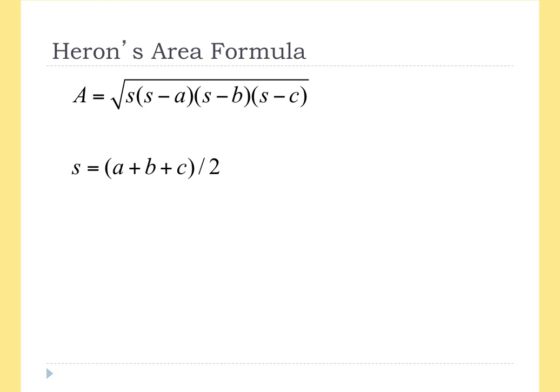So the area equals the square root of S times S minus A times S minus B times S minus C. And the first thing you find is S by adding all 3 sides and dividing by 2. So it is not the average. We divide by 2. And we do not round S. So if it's got 3 decimal places, you keep 3 decimal places. It will always terminate. Could be 2 decimal places, 3, but you do not round it.